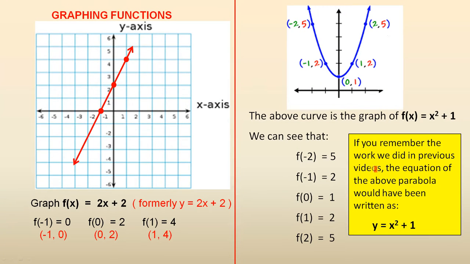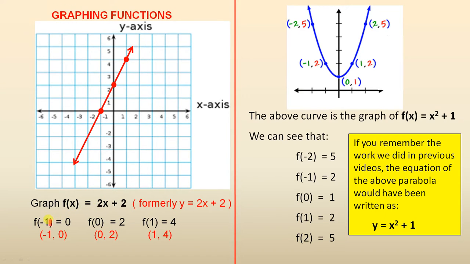Graphing functions. Graph f(x) equals 2x plus 2. Formally, before, we would have seen that as graph y equals 2x plus 2. But now we're using function notation. In order to find where this line is on the number plane, we have to find some points.